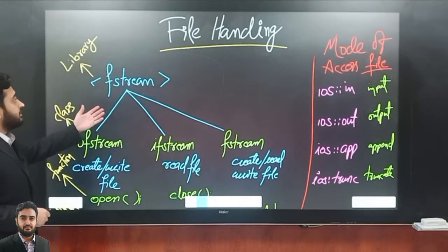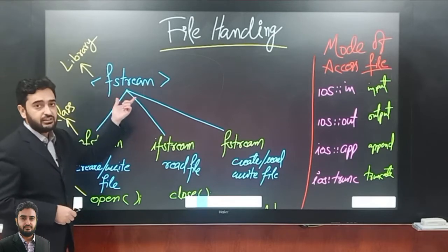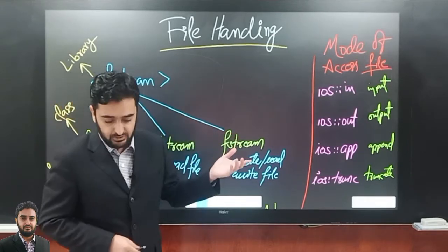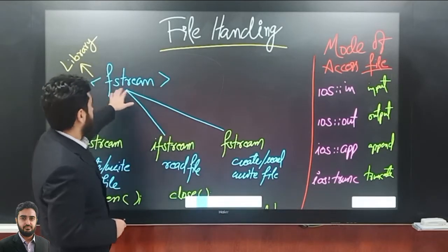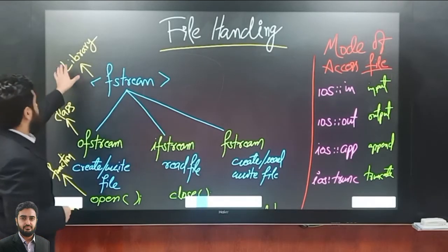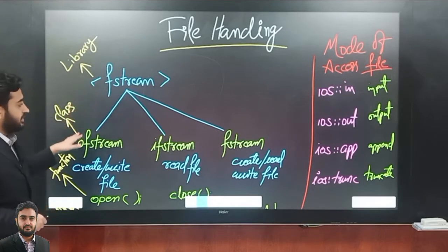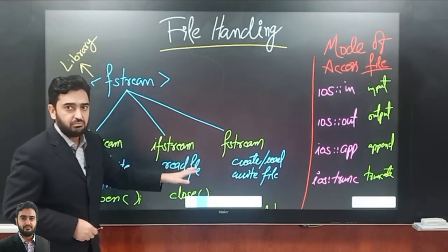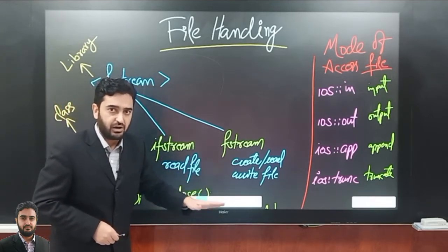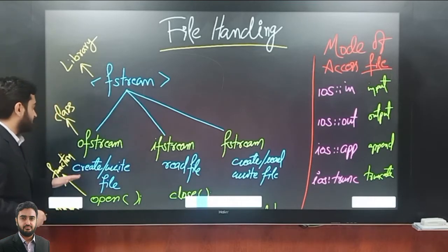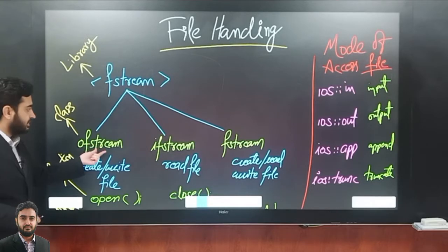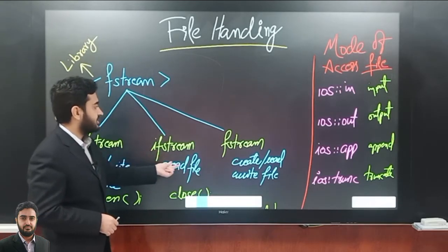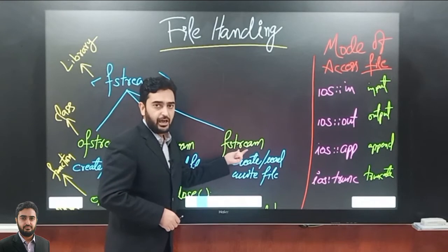C++ has a library with the name fstream, which can also be called a header file in C++. This is a library which has classes that can be utilized in C++ programming. One class is ofstream, the second one is ifstream, and the third one is fstream.